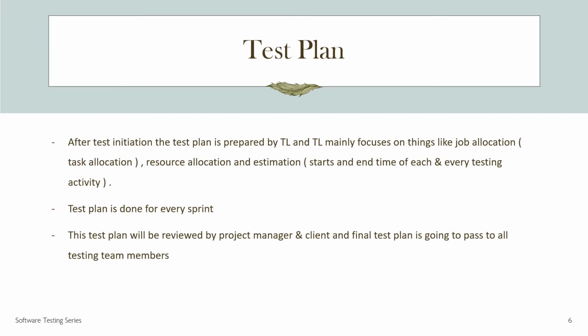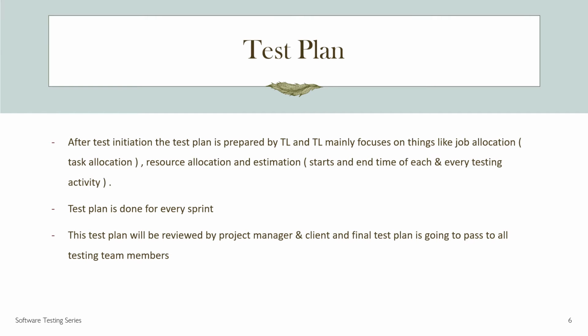Second phase is the test plan phase. In this phase, the test lead is involved. He prepares the test plan. The test plan includes job allocation, meaning all the requirements and which requirements we are going to cover in which sprints. Resource allocation is nothing but who is going to do the testing for particular requirements.